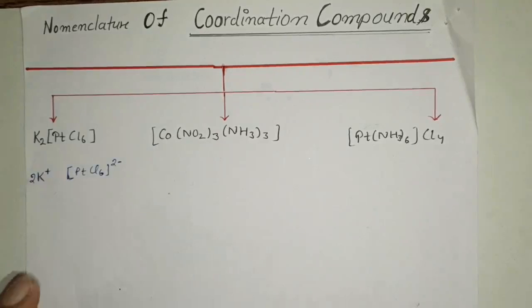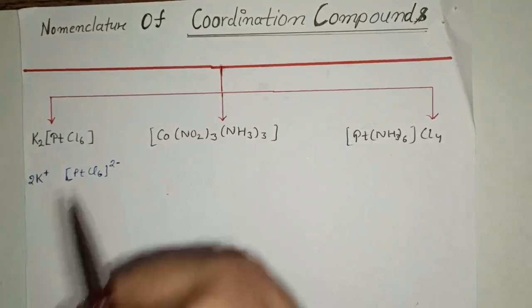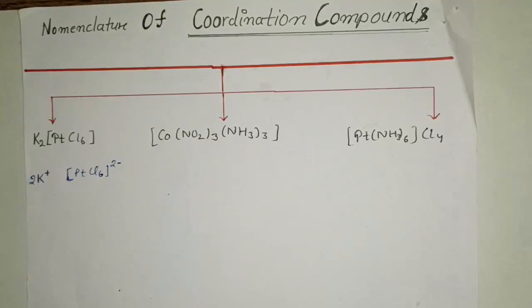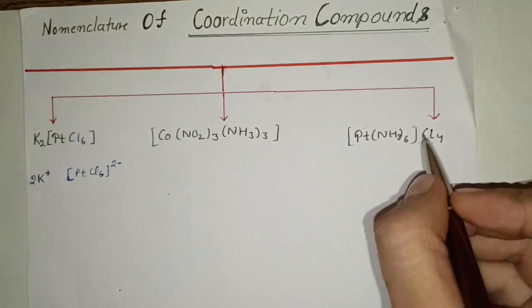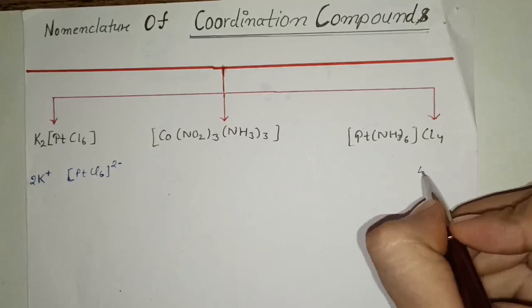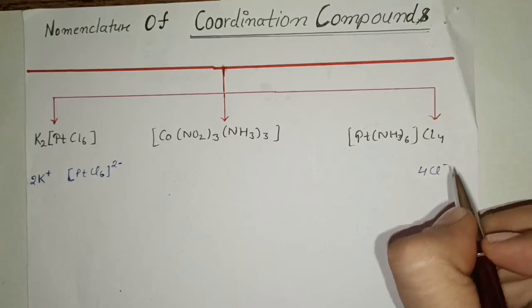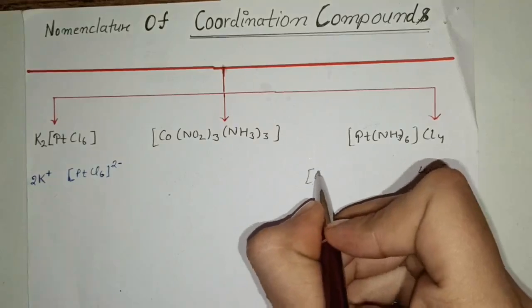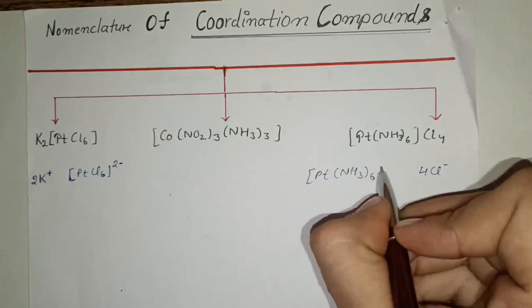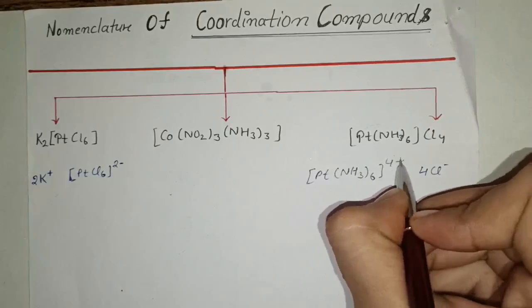So in this example, coordination sphere is negatively charged. In this example, the coordination sphere does not have any charge. It is neutral. While in this particular example, we have 4 chlorine with negative charge. So as a result, this coordination sphere, platinum NH3 6, will have 4 positive charge.